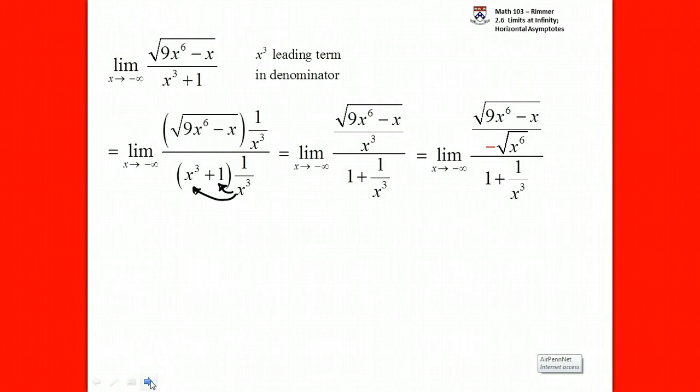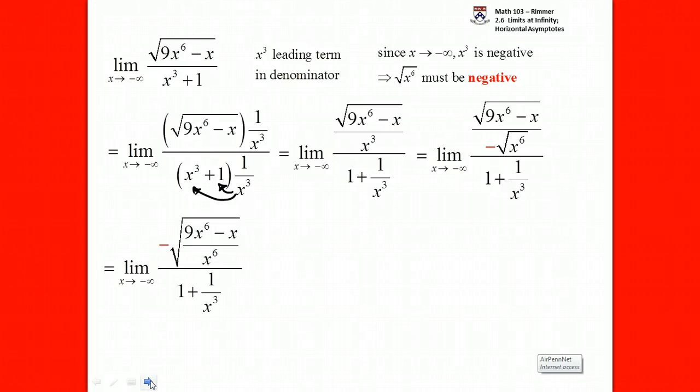All right, so now what do we do? Well, now we put them together. So we say that's now one big root, where the 9x to the 6th minus x is all divided by the x to the 6th. And we just enforce the negative afterwards. We can cancel. We can make this 9x to the 6th over x to the 6th, and then x over x to the 6th.